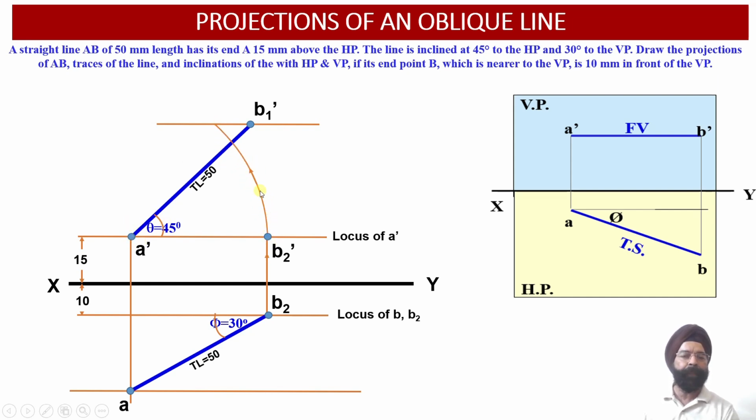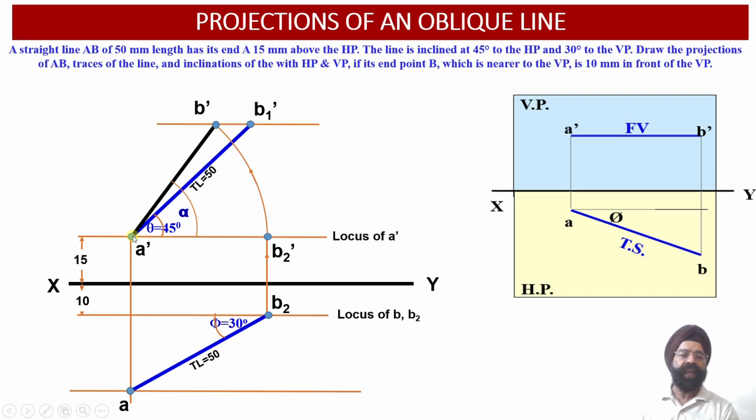We will be drawing backwards so that wherever this arc intersects with the horizontal projector line emerging from B1 dash, this intersection point will provide us with the location of the orthographic projection point B dash corresponding to this line AB.